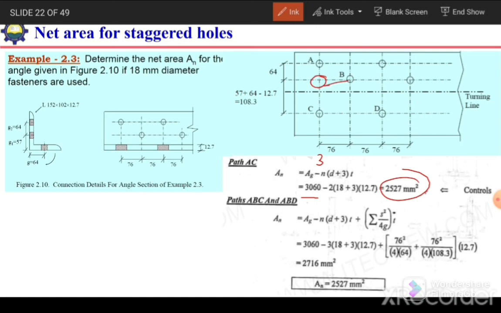When we stagger these holes, along this line the number of holes will reduce, and when the path is this one, the inclined length will be greater. So we can add this much portion for this larger length. So the length of the critical path will increase when we stagger the holes.